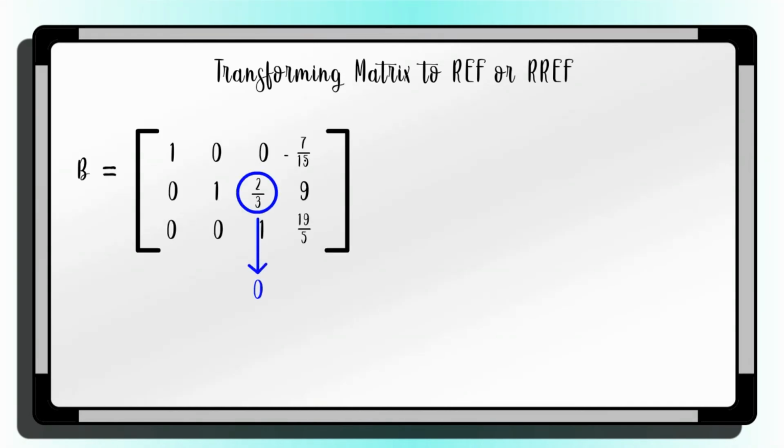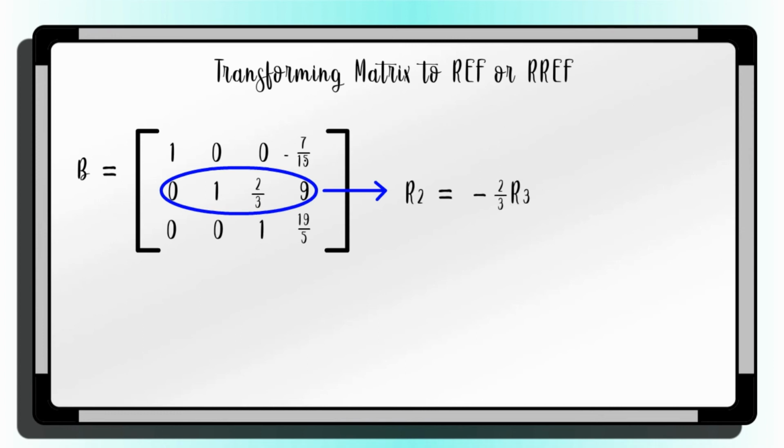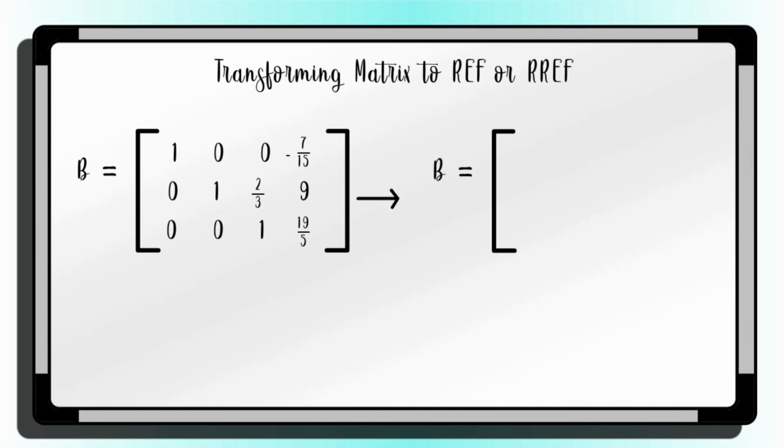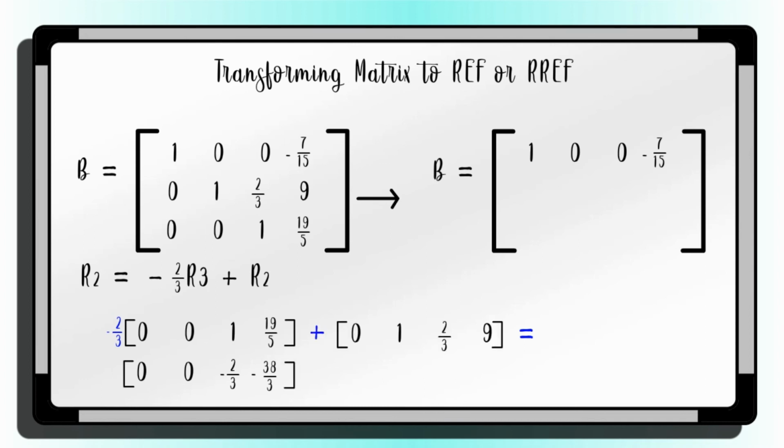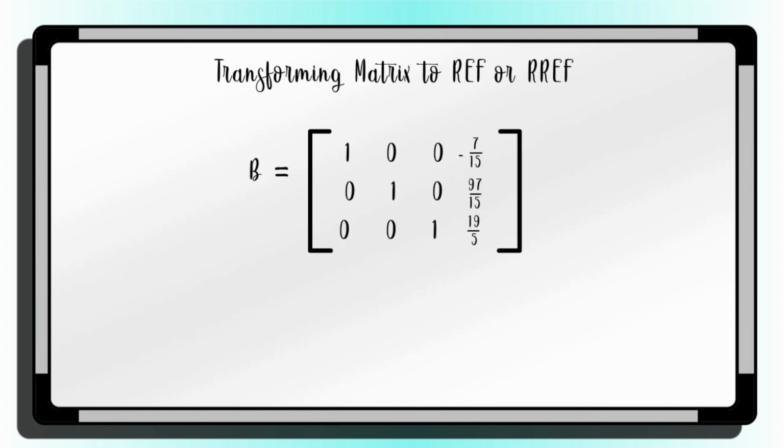For the last operation, use type 3. Multiply R3 by negative 2/3 and add to R2. And that's it. We completely transformed matrix B to RREF.